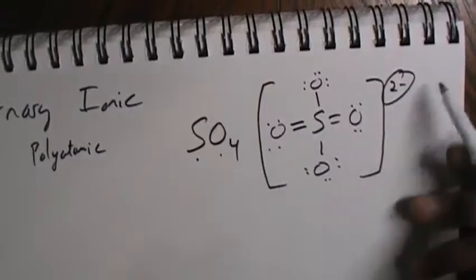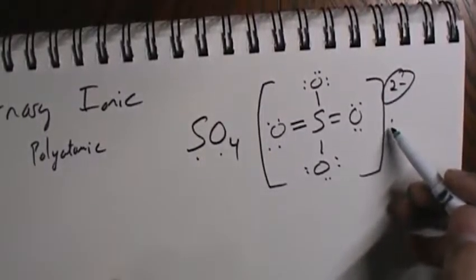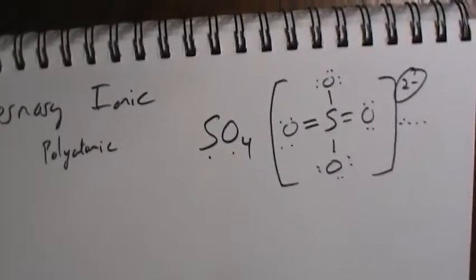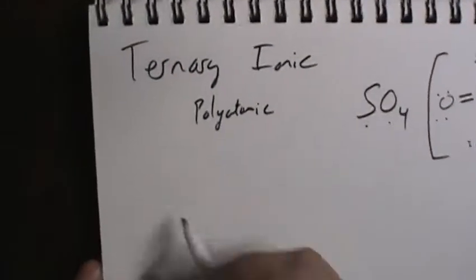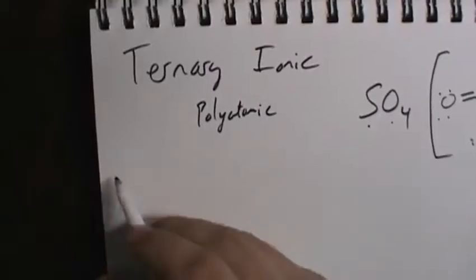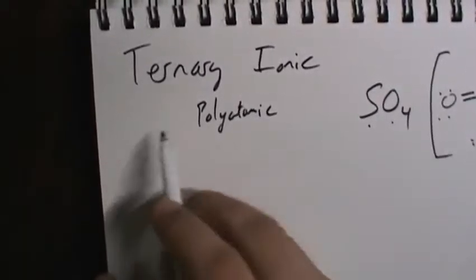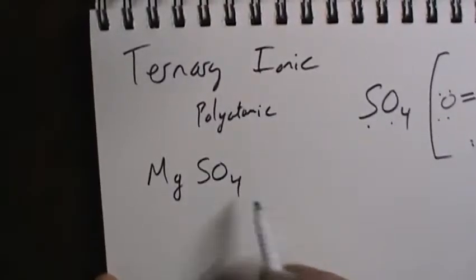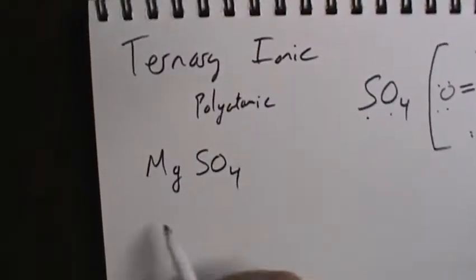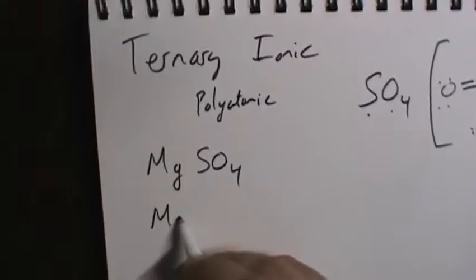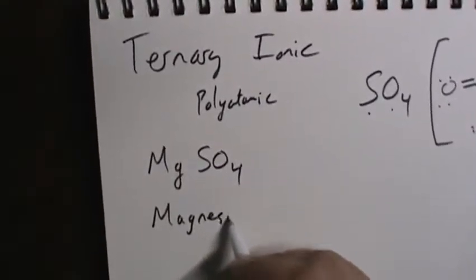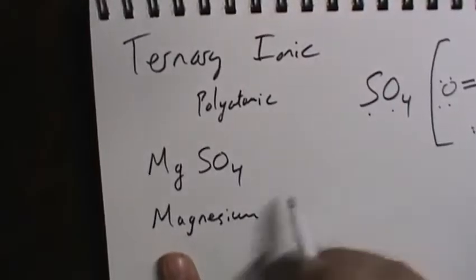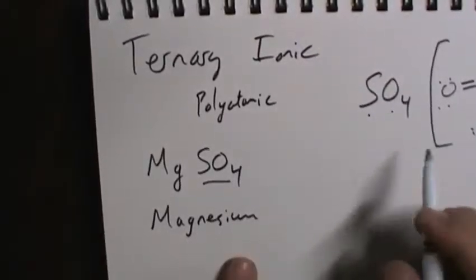And so when it combines with something, it does it just like the type 1 or type 2 does, by attracting the opposite charge. So I could have compounds like, let's do magnesium sulfate, MgSO4. Now notice, I read the name already. We write the name of the first thing, the first ion, and then we write the name of the second thing.